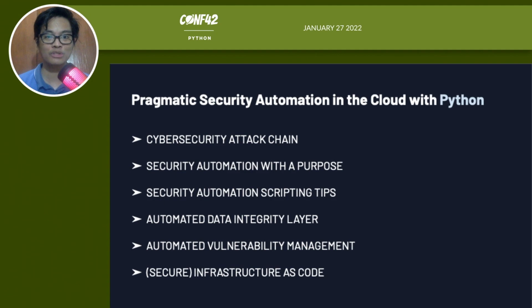I'm going to share also some techniques when it comes to creating an automated data integrity layer. And we're going to talk about automated vulnerability management as well. And finally, we're going to talk about secure infrastructure as code techniques. So are you ready? Yeah, let's go.